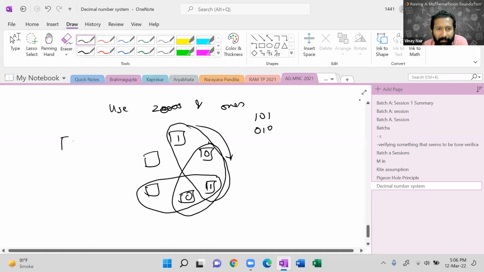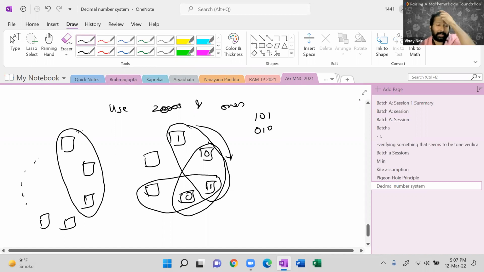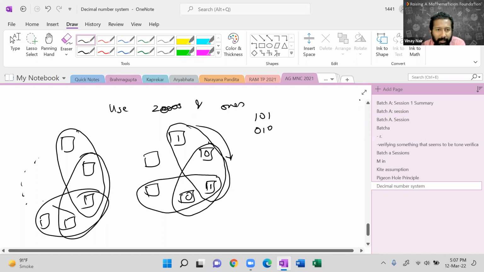Okay, you have some number of boxes over here. You take these 3, and then these 3, and then these 3, and then these 3, and so on, and the last will be this last box and this.